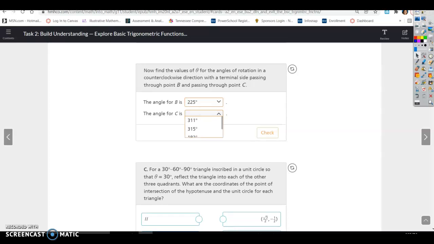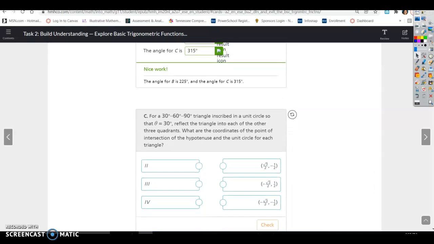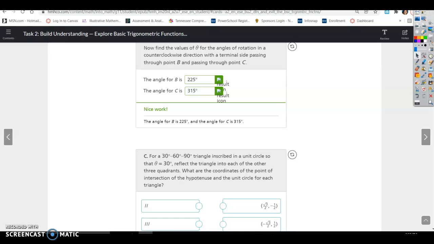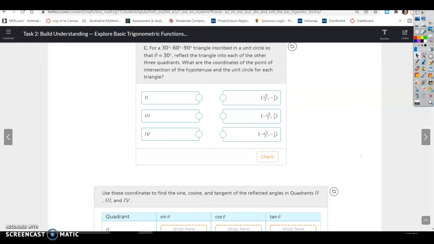And then angle C was in the fourth quadrant, so we could do 360 minus 45, and that would be 315. So again, you could do 270 plus 45, or you could do 360 minus the 45.